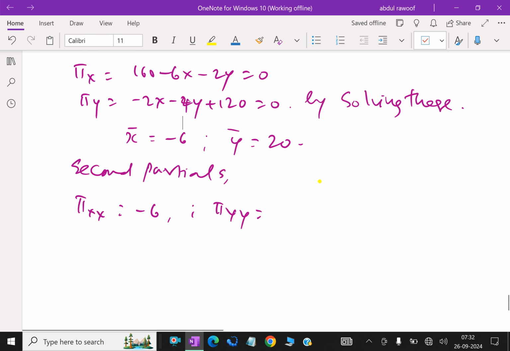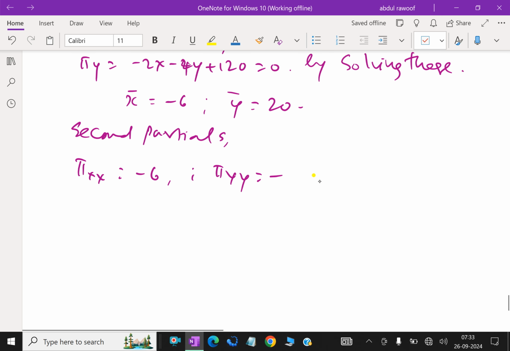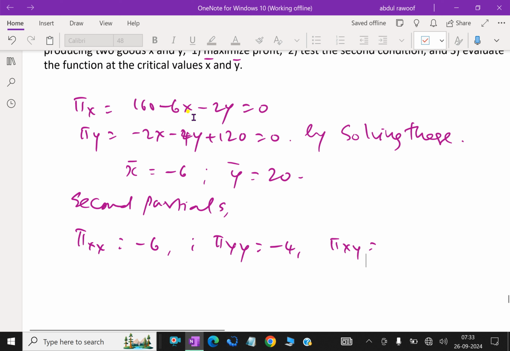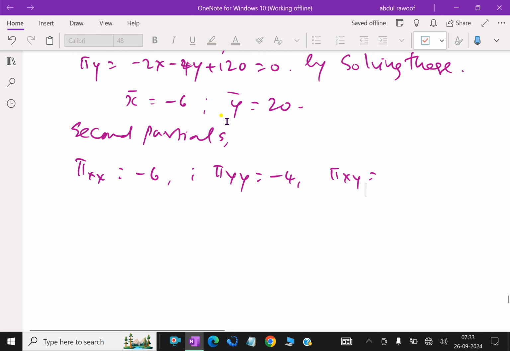Then the cross differential pi xy, differentiation with respect to y, is minus 2.